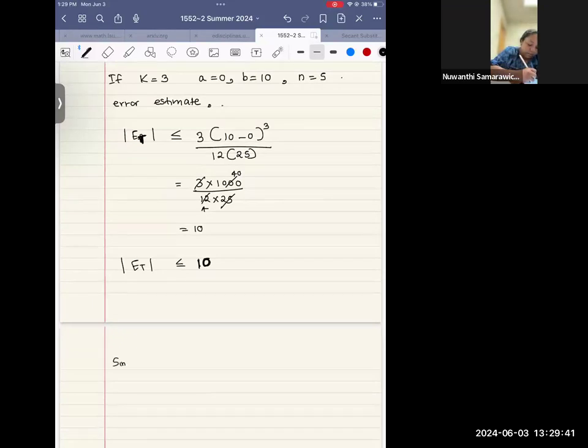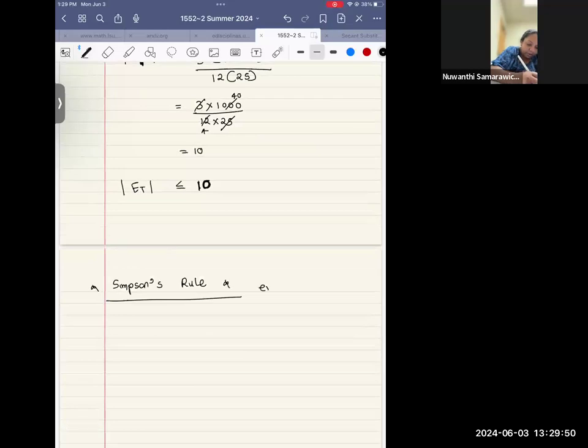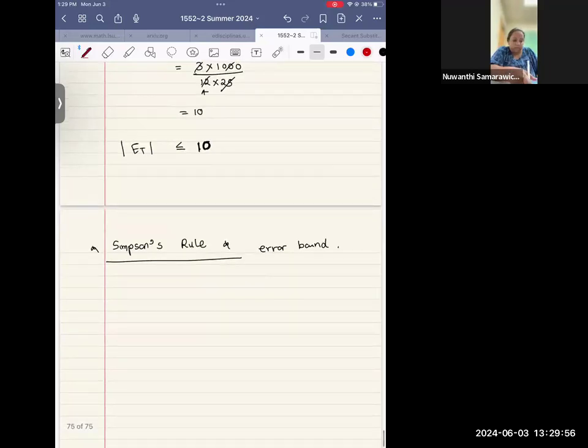Simpson's rule error bound is this. In Simpson's rule you have to find the fourth derivative, and it is bounded by K for x between a and b.